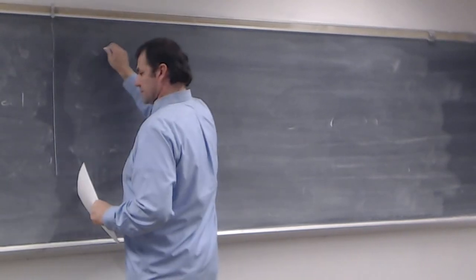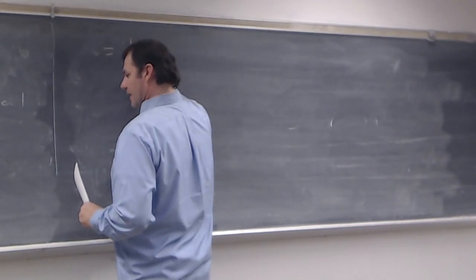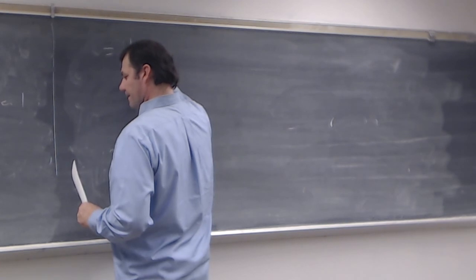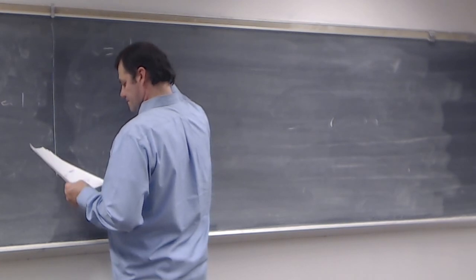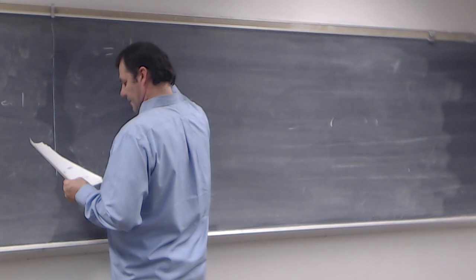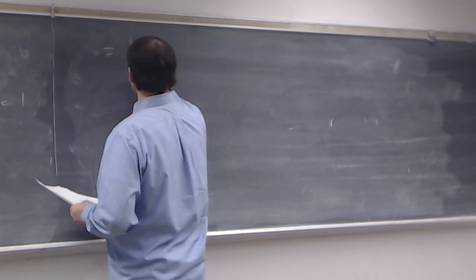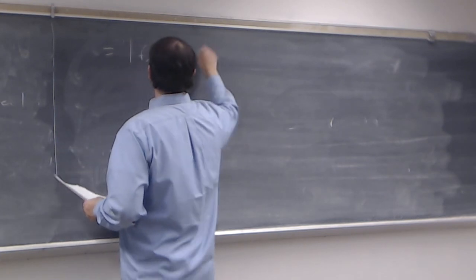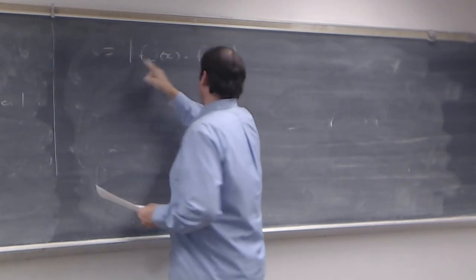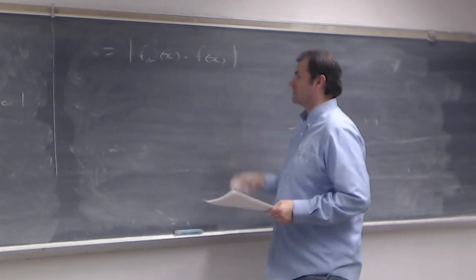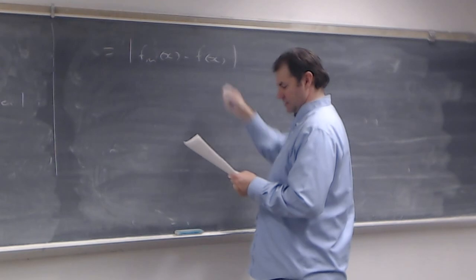And that's just equal to the absolute value of f sub m of x minus f of x. It's really minus this quantity, but the absolute value of that is still this.